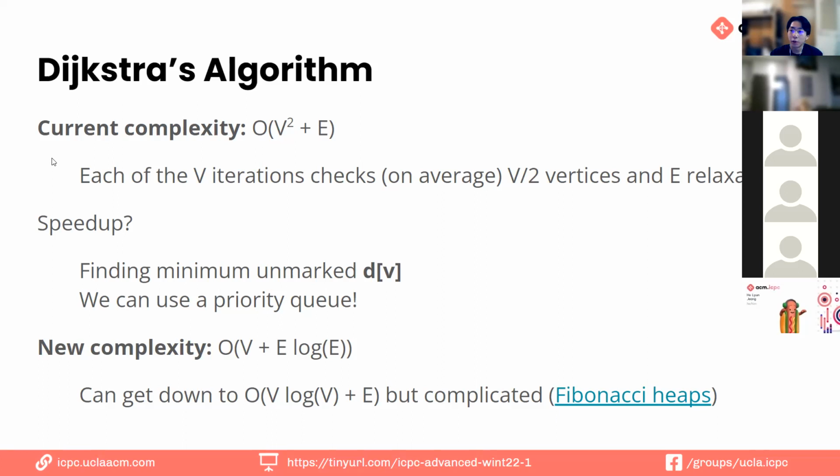Okay. However, we want something faster than quadratic because that sometimes won't fit into the constraints that we have. So the speedup that we're going to look for is to speed up the time it takes to find the unmarked vertex with the smallest distance, because that's taking a lot of time, right? We're spending linear time searching throughout the vertices. There must be some data structure that we can use to speed this up. And we can actually speed this up using a priority queue.